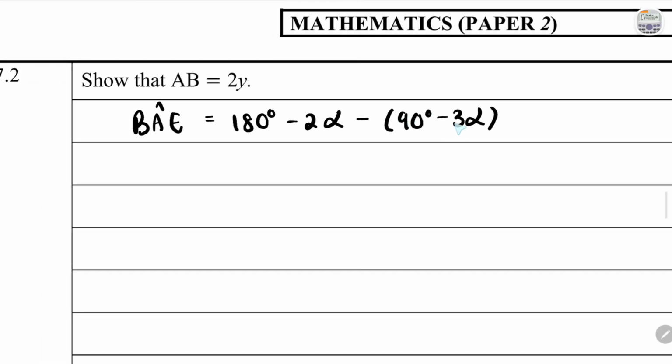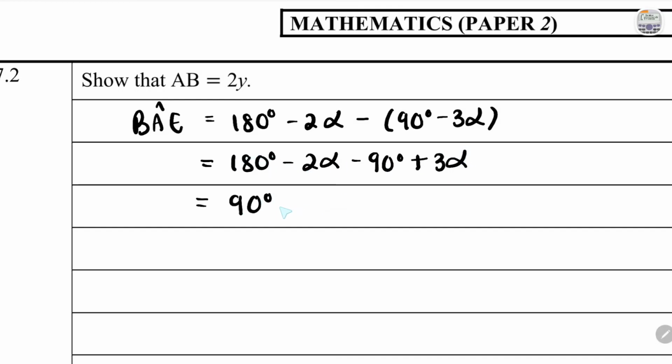We're using brackets because there are two terms, so the minus has to apply to both. So that's 180 degrees minus 2 alpha minus 90 degrees plus 3 alpha. 3 alpha minus 2 alpha is alpha, and 180 minus 90 is 90. So this is just 90 degrees plus alpha. That is the angle BAE.